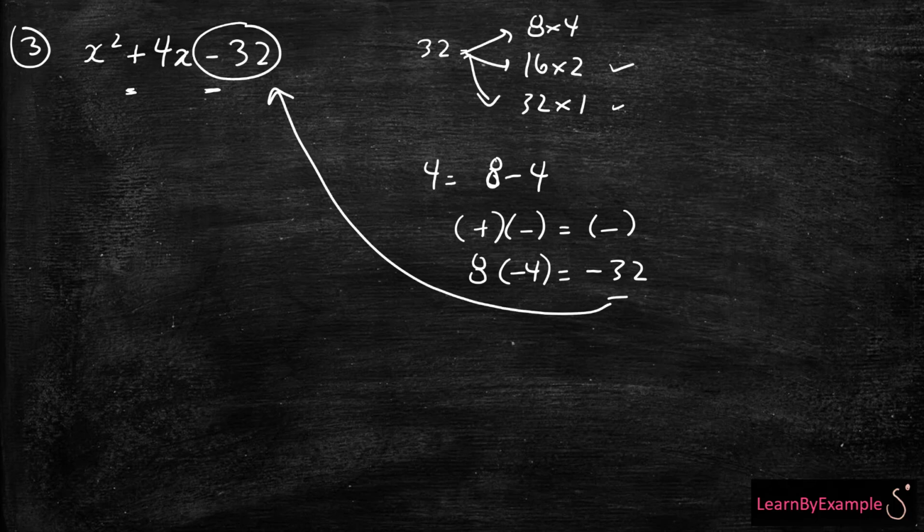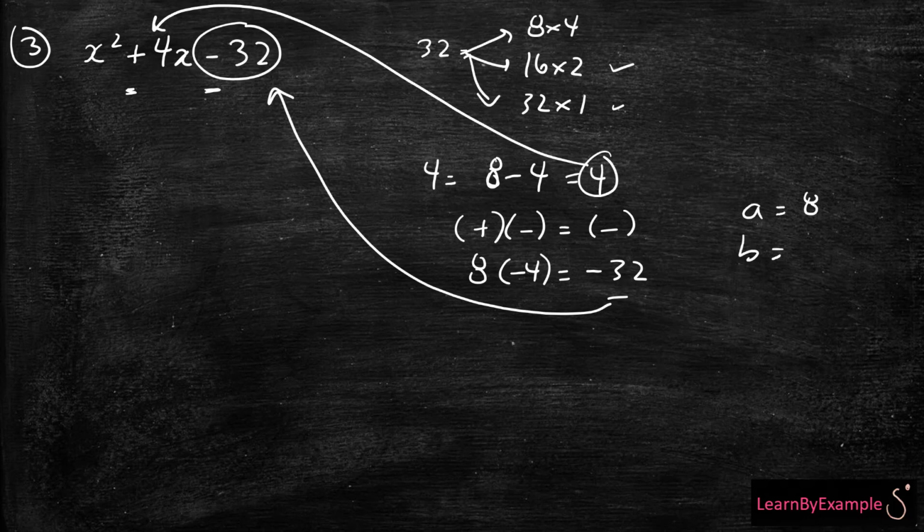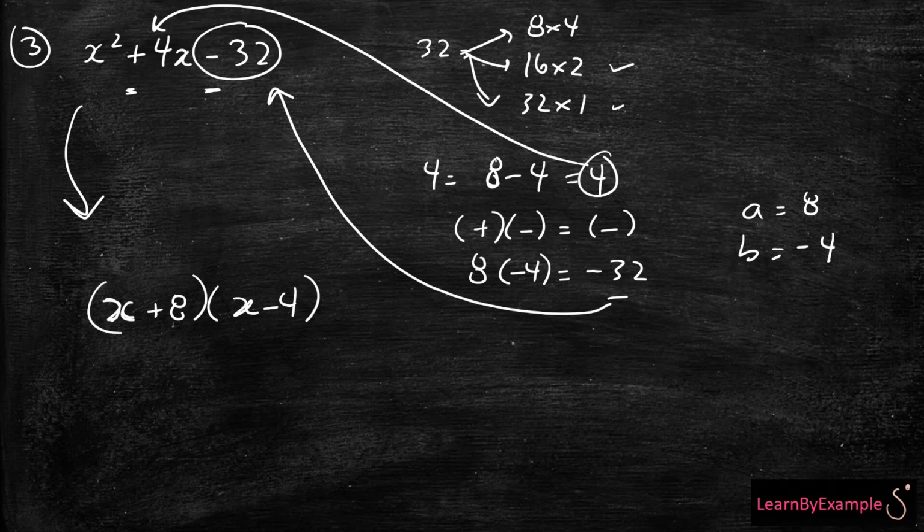And 8 minus 4 is positive 4, which is also what we're looking for. Therefore, a is equal to 8 and b is equal to minus 4. So when you're factoring this out, it's x plus 8 times x minus 4. There you go.